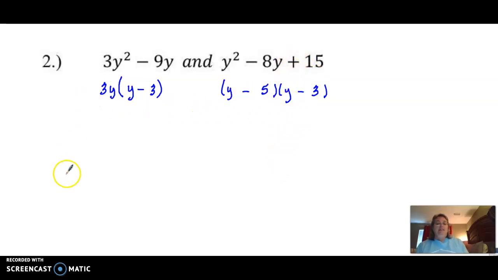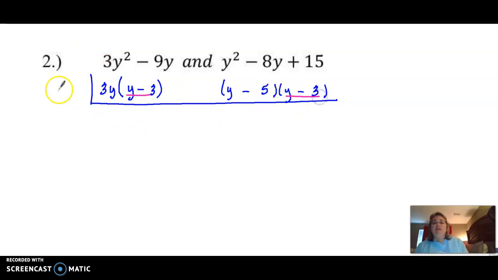Now that I have everything factored, we start looking for our commons. What are the common factors? Well, notice I have an x minus 3 and I have an x minus 3. Y minus 3. So I take out a y minus 3. When that's gone from here, I have left a 3y. When it's gone from here, I have left a y minus 5.